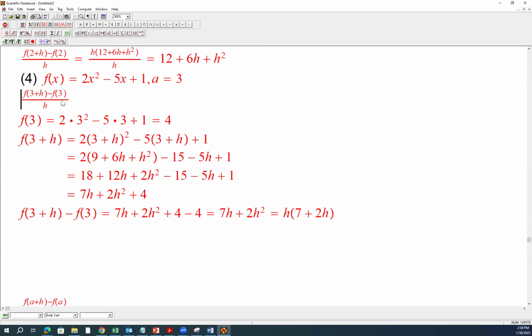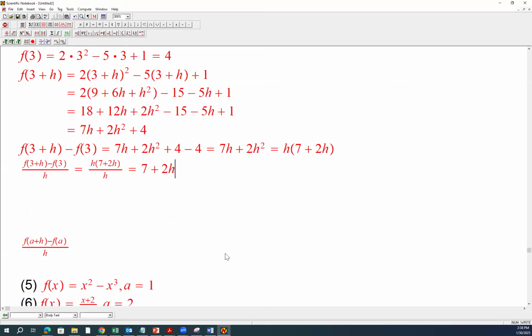Almost there. So then we're going to divide by h. The numerator we found, denominator is an h. h and h reduced, so we get 7 plus 2h. So this question is finished. All right, continue.